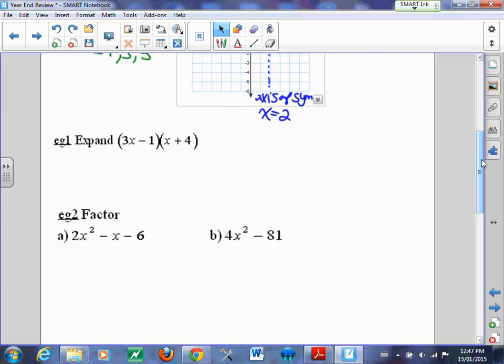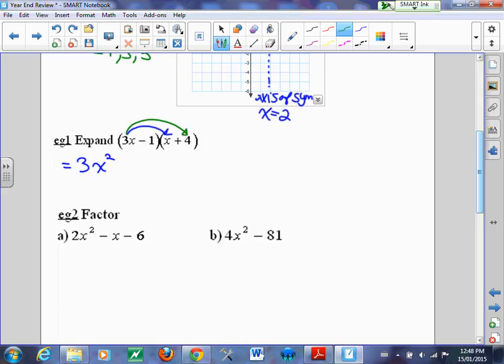So the first thing says to expand, so you're going to use FOIL, which is first, which is 3x times x, which is 3x squared. Okay. Outside, it's going to be plus 12x. Inside, which is going to be negative 1x or just negative x, whichever you prefer. And last is going to be minus 4.